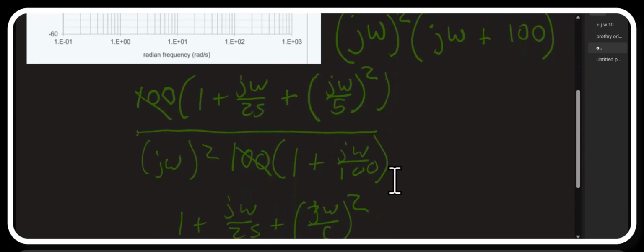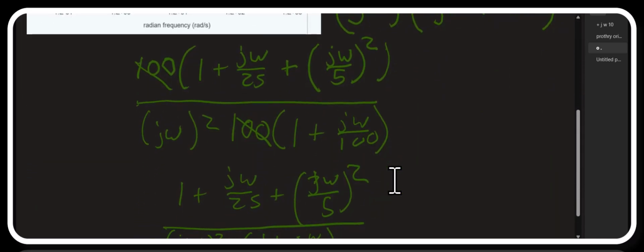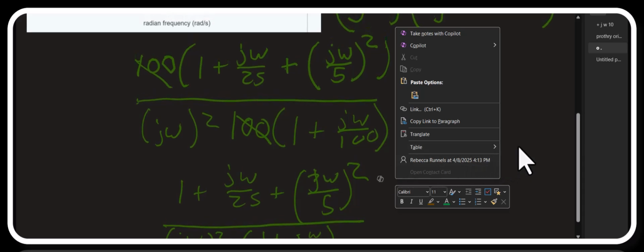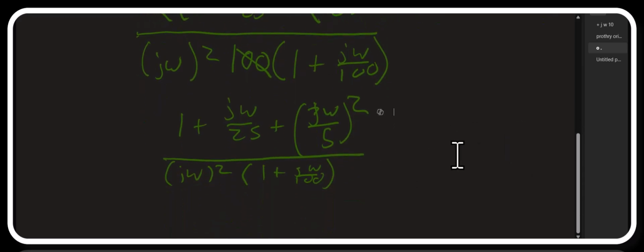Okay, so the top is a quadratic term, so that's a quadratic 0. So we have a quadratic 0 with corner frequency 5.